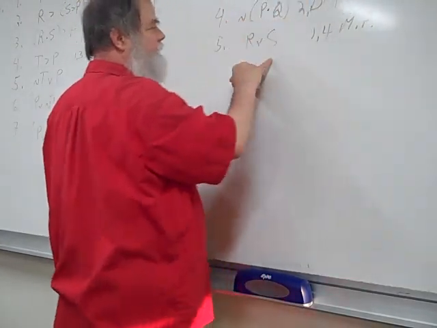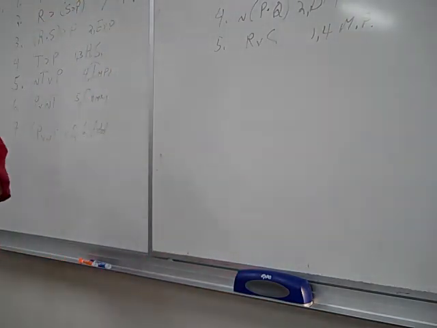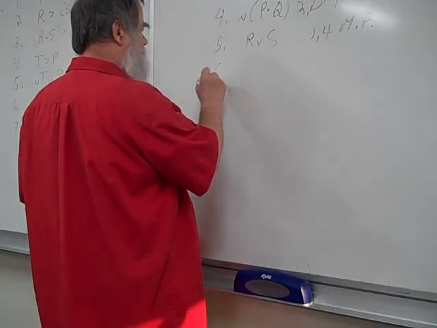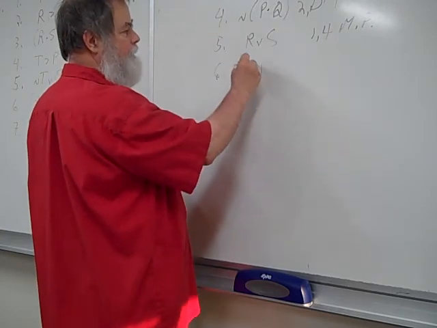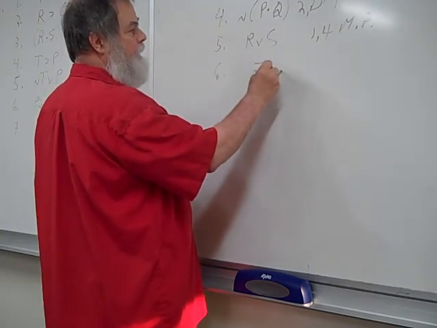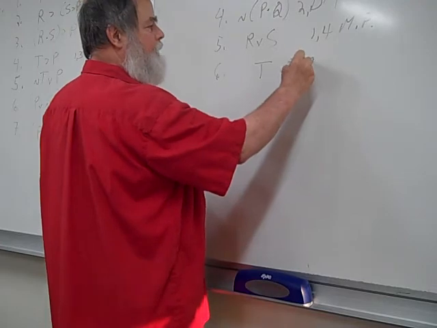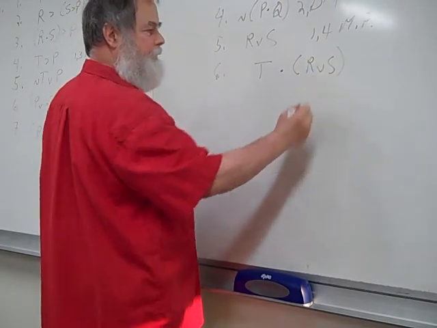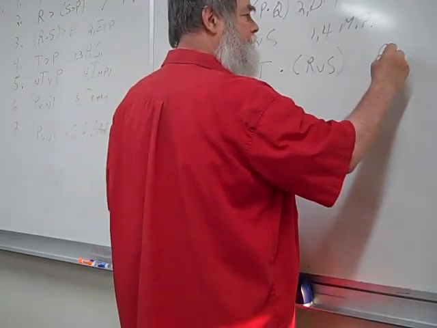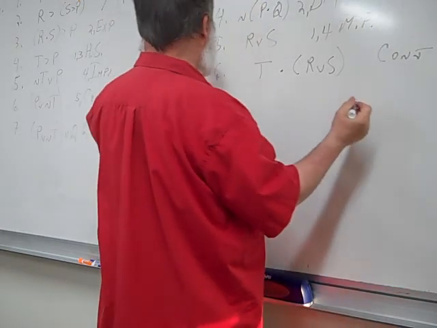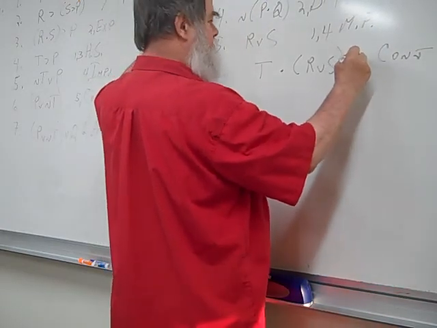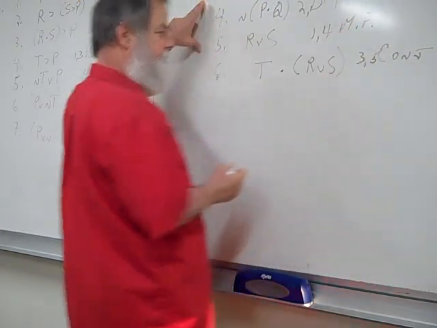So we have R or S. So R or S, and we have T. So we can then add T and R or S together, conjunction. And that's 3 and 5.